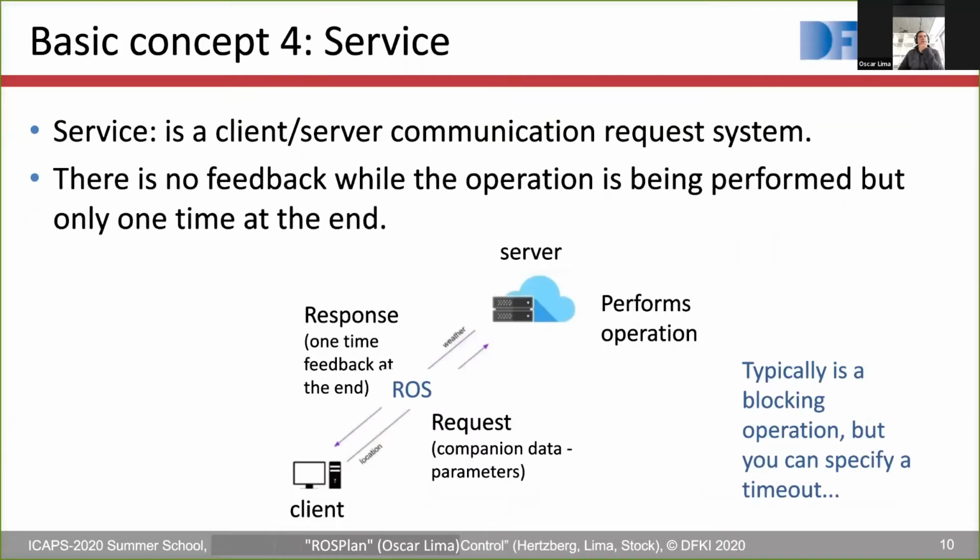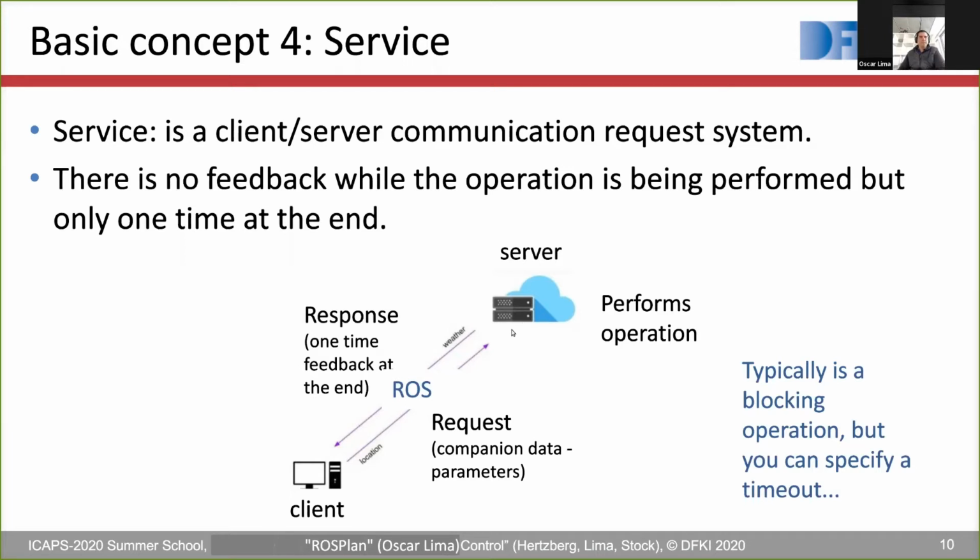Then the basic concept number 4 is the service. A service is a client-server communication pattern. On one side you will have the client, on the other side you will have the server, and the client will make a request to the server. Keep in mind that the client and the server here can be on the same machine or on different machines, depending on how many machines you have in your system.